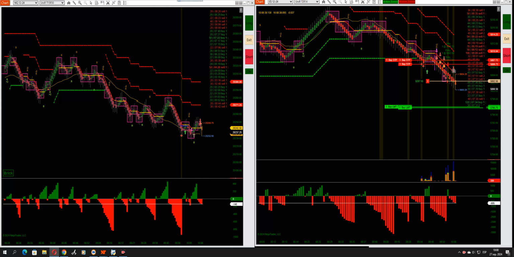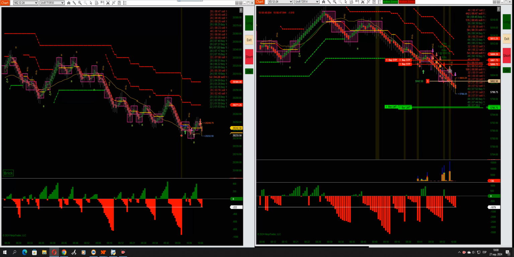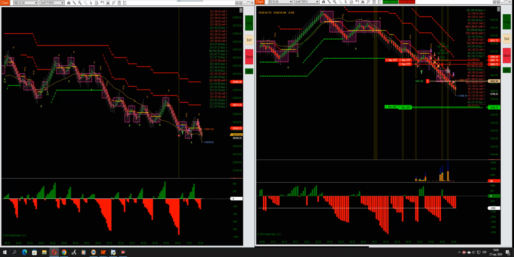Okay, market starting to move down. Nasdaq has not been able to go higher from here. As you can see, the buyers are very little. Short signal, yes. We have an aggressive arrow to the downside.